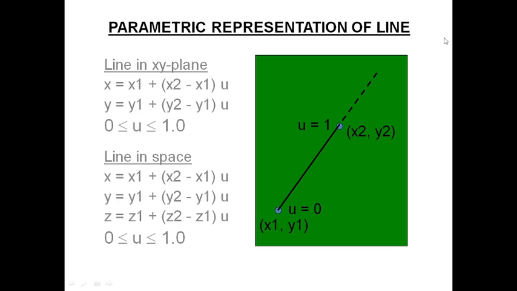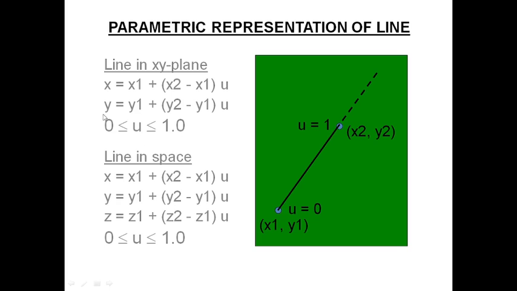These are the parametric representation of a line. You can note this down. x is equal to x1 plus (x2 minus x1) times u is the parametric equation for the x coordinate of the line. Then similarly, you have a parametric equation for the y coordinate of the line, where x1, y1 and x2, y2 are the start point and end point, and u is the parameter starting from 0 and ending at 1.